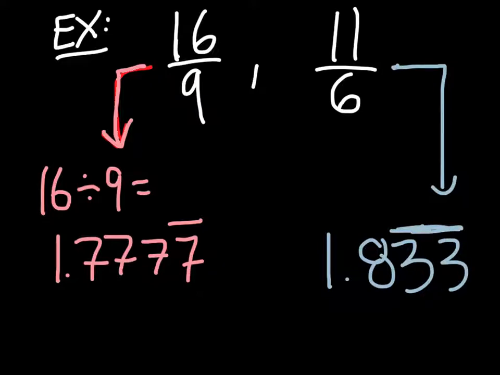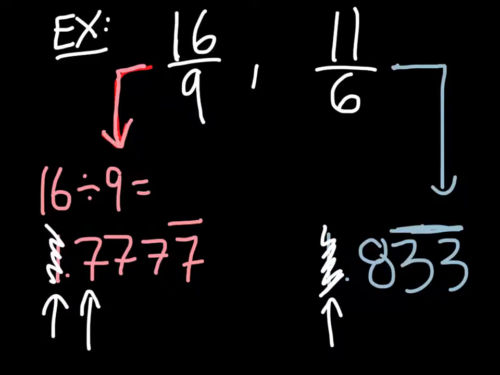So what we end up with here is we have to compare first the number in the ones position because we have numbers in the ones. Are those numbers the same? Yes, they are, okay? So the 1 is not going to help us. What we need to do now is look in the tenths position.